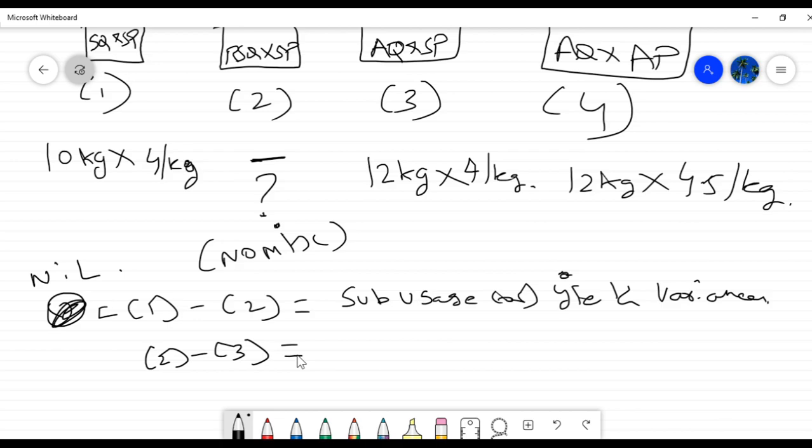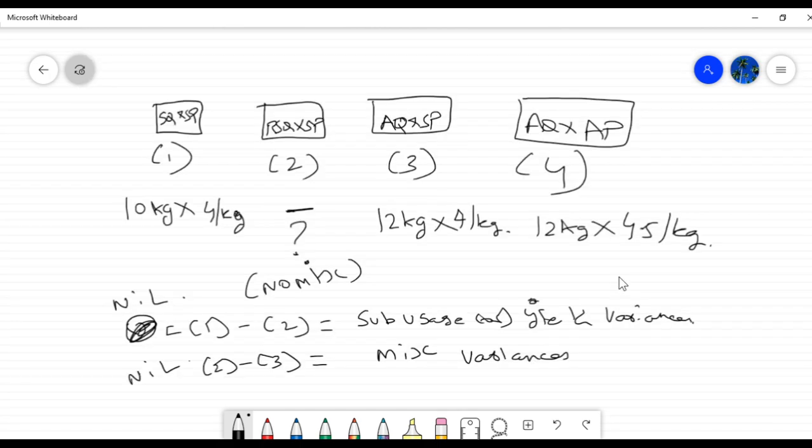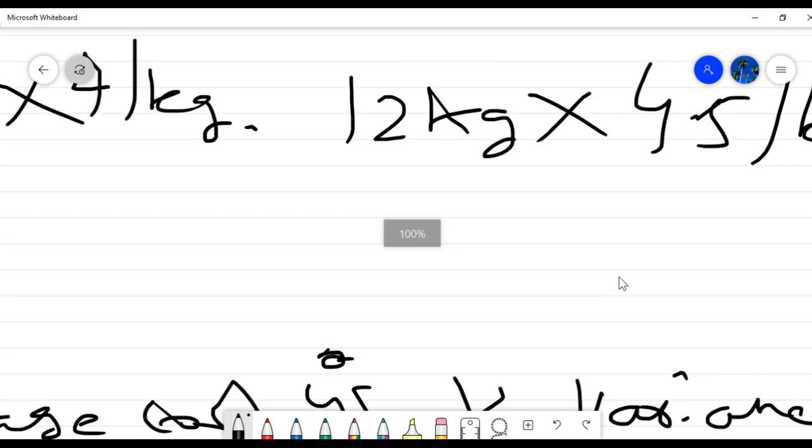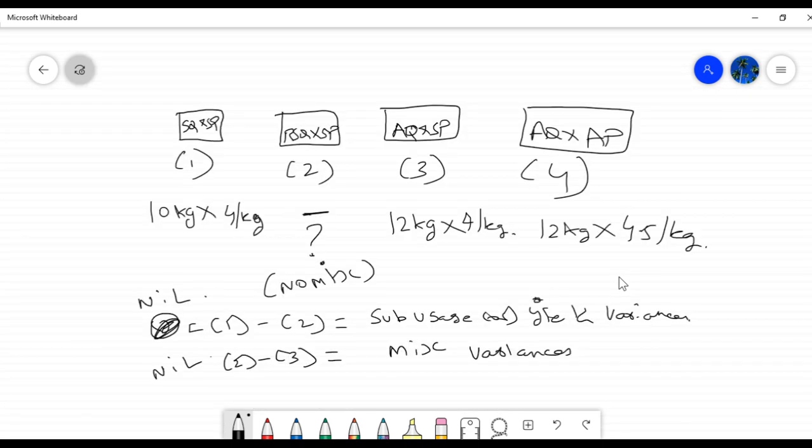That is also nil. Then 1 minus 3, is it applicable? Yes, it is applicable.